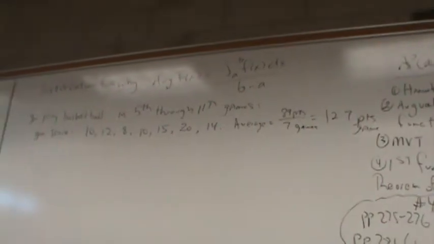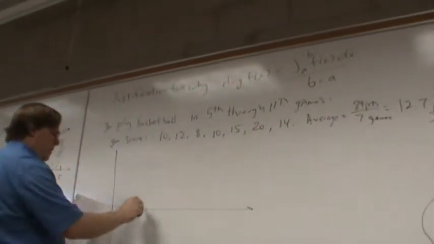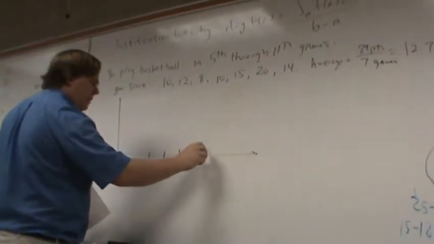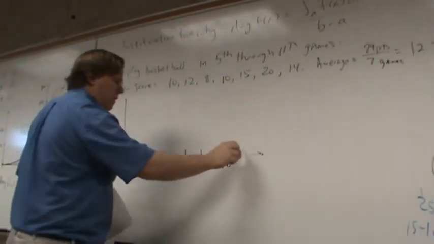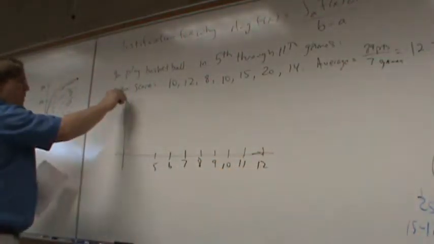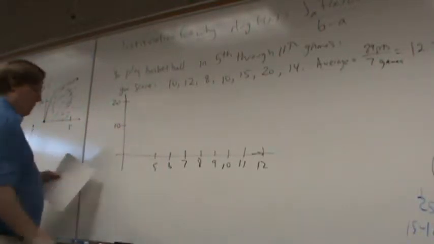But I can represent this graphically. Here's your 5th game, 6, 7, 8, 9, 10, 11, 12. What is this top game, 20? Okay.